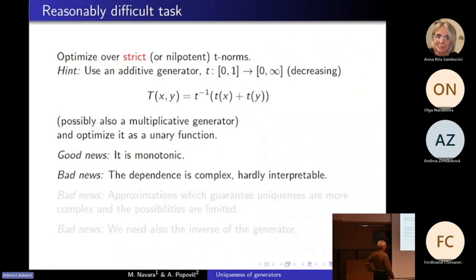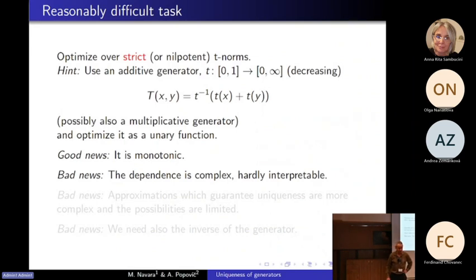The bad news is that the dependence is hardly interpretable. That means if you want to express the dependence between the t-norm and its generator, you usually do not have any idea how they are related. And I'll have a second talk on Thursday when I shall deal with this problem in more detail.